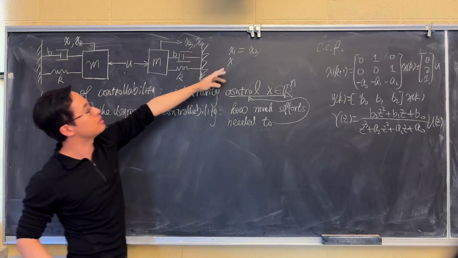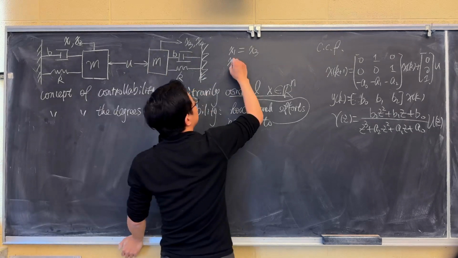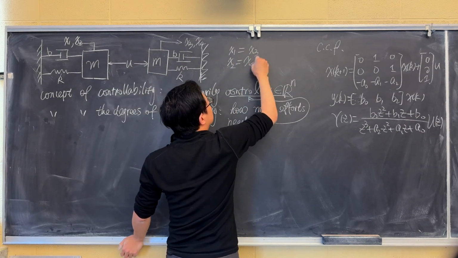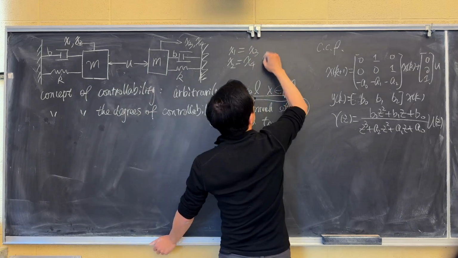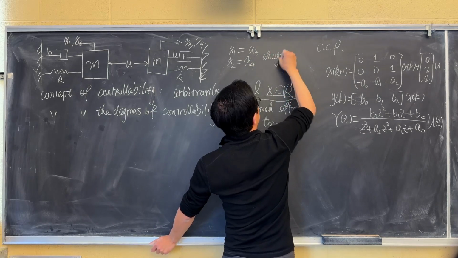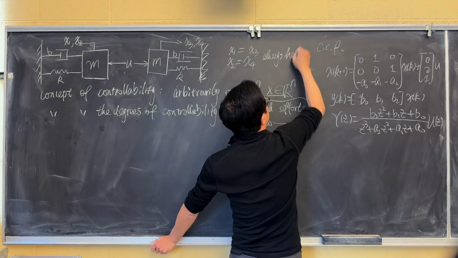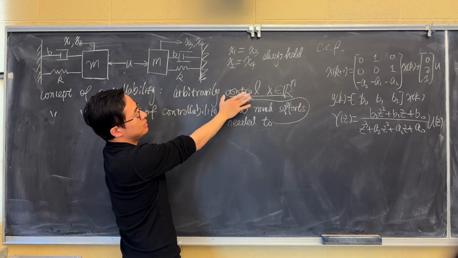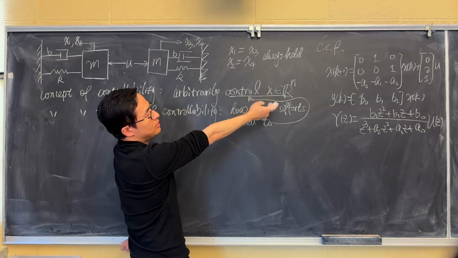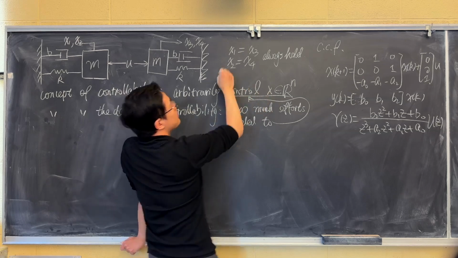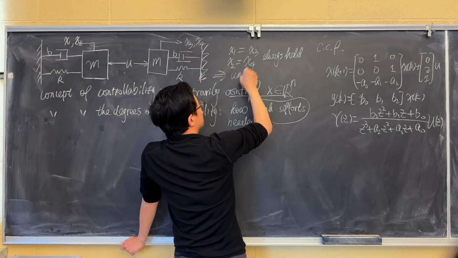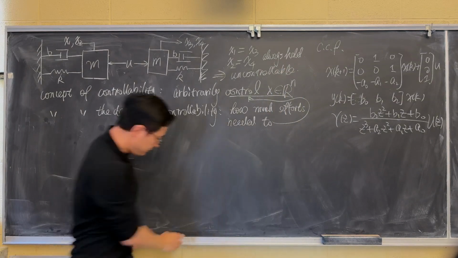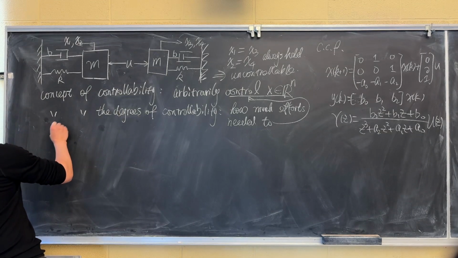So the magnitudes are the same, and the velocity is the same. These always hold. You can't arbitrarily steer x to your desired location in the state space. So this is uncontrollable, but it's stable.